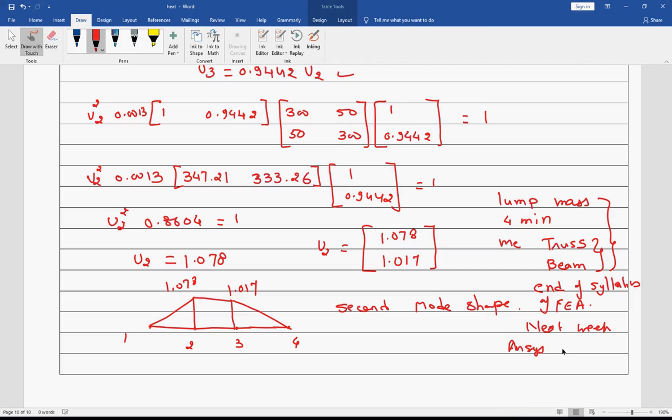Then next week we can use ANSYS to solve practicals. So practicals we are going to complete. Already 3 practicals we have completed. Now this is the 4th one. You have to write a program for a specific case. Whatever problem we have solved, you have to convert this solving procedure into a program.